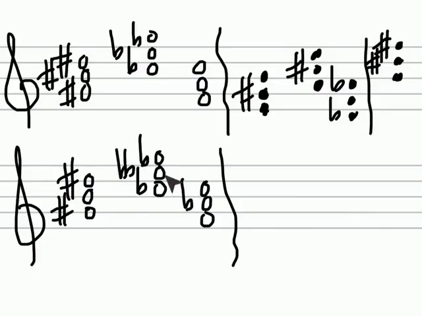The third of this chord, E double flat, is one accidental lower than the C flat or G flat. And the third of this chord, A flat, is one accidental lower than the F or the C.